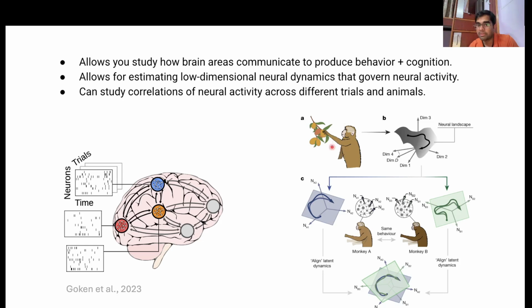If you see here, let's say a monkey is performing some task, you get this neural landscape, this trajectory for a particular action, right? In this low dimensional plane. And for monkey 2 also you can get this. So for two different choices you have two different trajectories, same for monkey 2. Now what you can do is use some method to align these two axes, so to make them coincide.